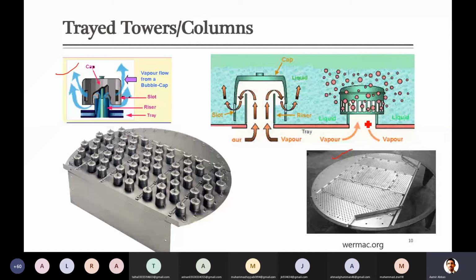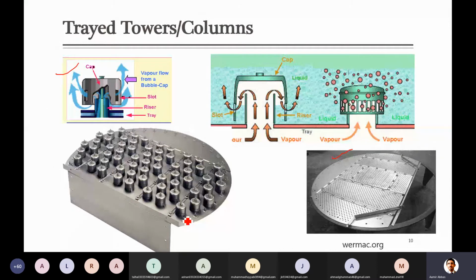And this is not movable, usually this is fixed, so when vapor comes they reach the top, and then they find the path to move out. And this is how they look on an actual tray which is used in industry. So you can see in these kinds of diagrams overall the caps are fixed, and there are some openings at the bottom.